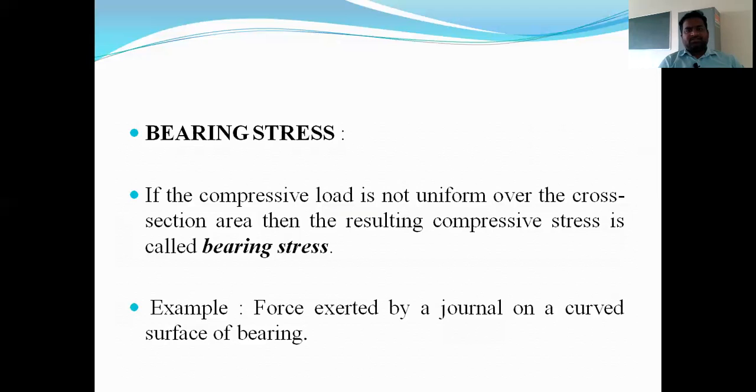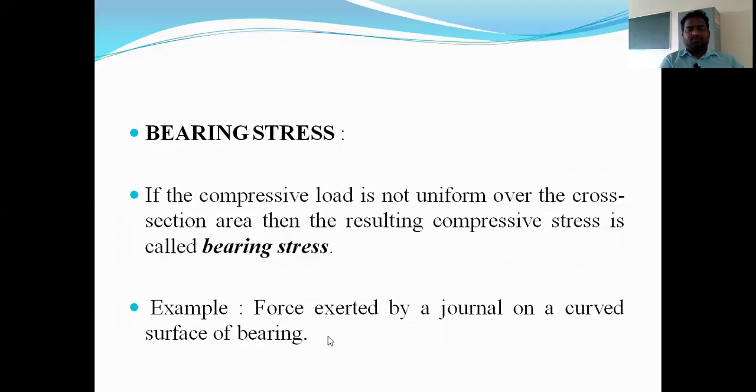Bearing stress is similar to the compressive stress, but the compressive stress is uniform throughout the area, whereas bearing stress is not uniform throughout the area. The component experiencing compressive stress that is not uniform throughout the area is called bearing stress.